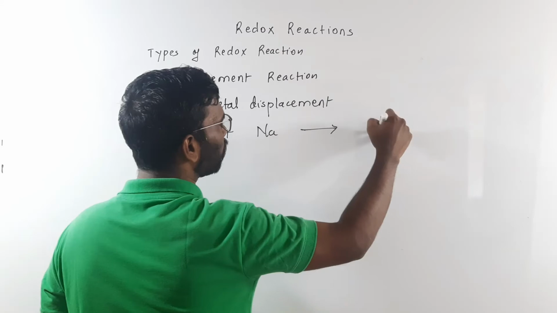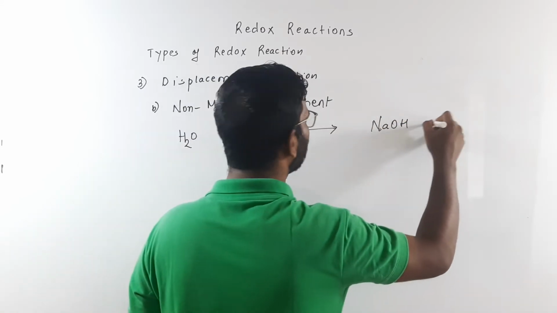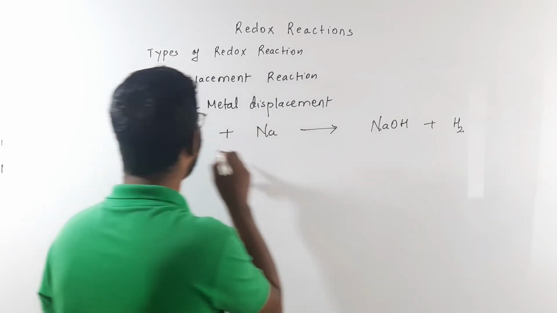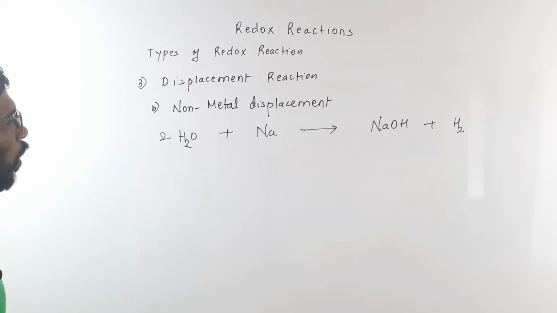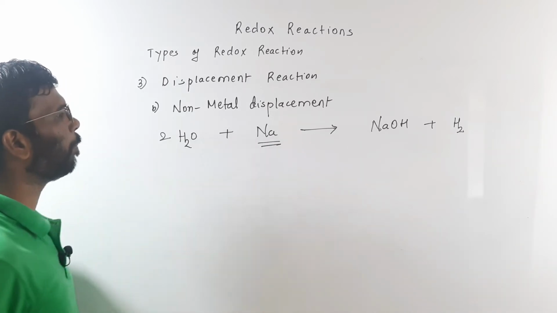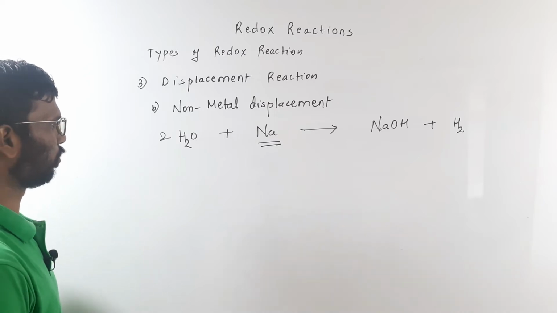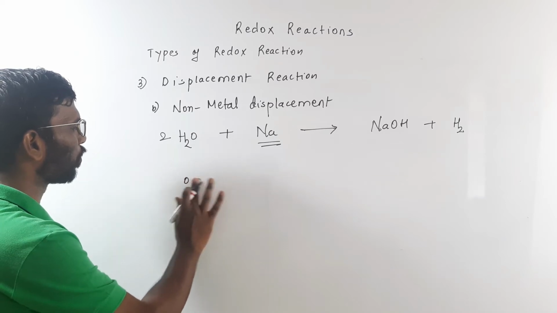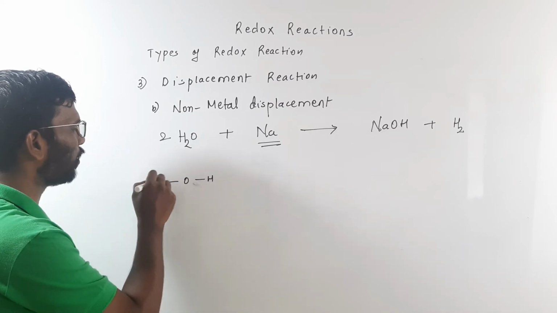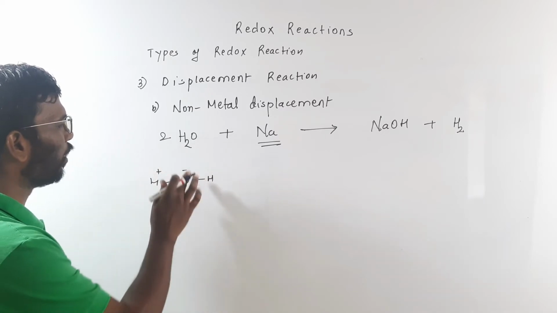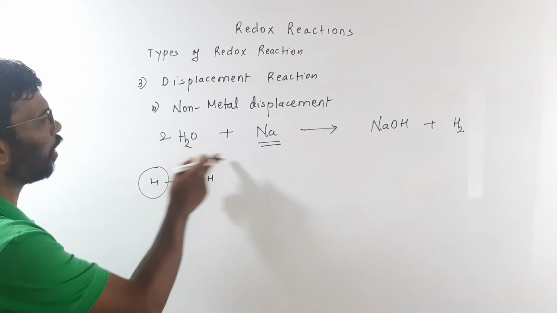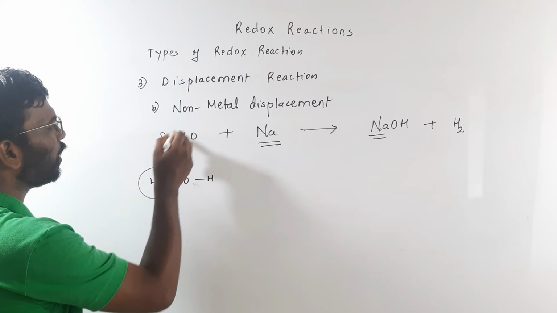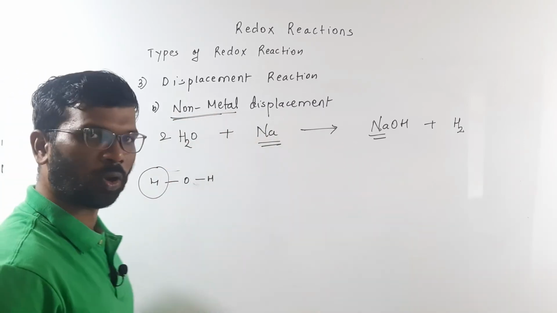What you get is NaOH and H2 gas, right? To balance this. So what has the sodium metal done? It has displaced the hydrogen, right? If you consider a water molecule this way, this is OH and this is H, this is the positive part, this is the negative part. So here it has displaced one of the hydrogens and sodium has taken that place. Hydrogen is the non-metal, that's why this is called non-metal displacement.